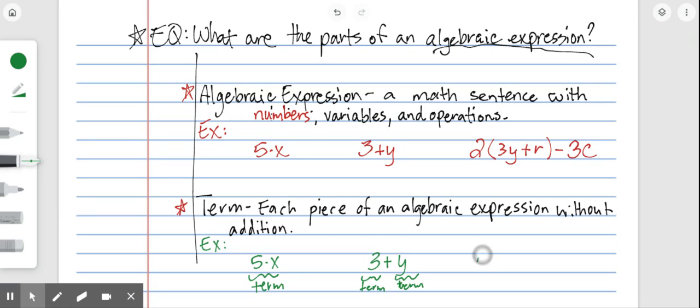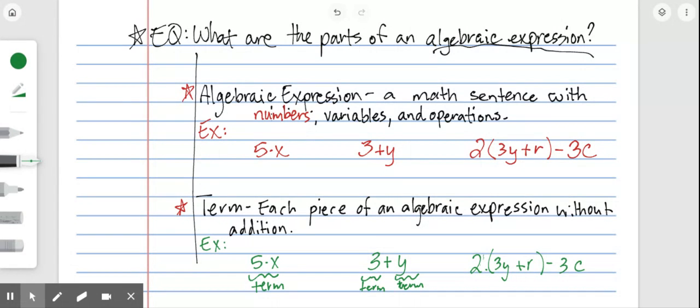And then this last one that we have, that's a bad 2. 2 times 3y plus r minus 3c. Okay. In this one, there is a little bit of confusion about where the terms are because this 2 multiplies throughout each of those pieces. So as soon as that 2 multiplied throughout, you would find that there are 3 terms.